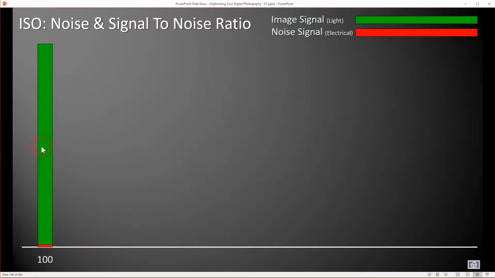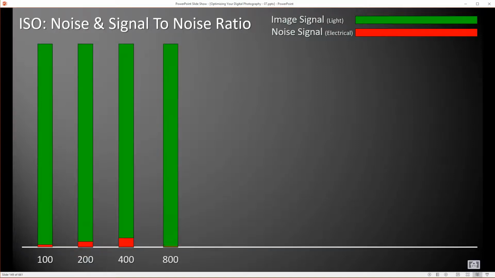So the light tends to mask out any noise generated by the background electrical signal, and we get a really good pure image. At 200, in order to increase the sensitivity, the background noise, the unwanted noise, increases as well, just a little bit. 400, 800, you get the idea.